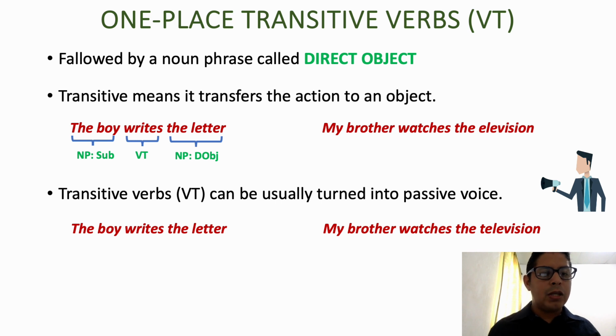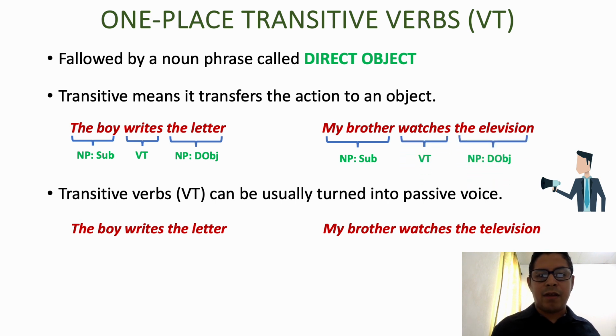But if you pay attention, as I said before, we have the colon, and on the right side we can find the function of that noun phrase. That is the direct object. In the second one, we have my brother, noun phrase, functioning as a subject, watches the transitive verb, the television. So that's a noun phrase functioning as the direct object.